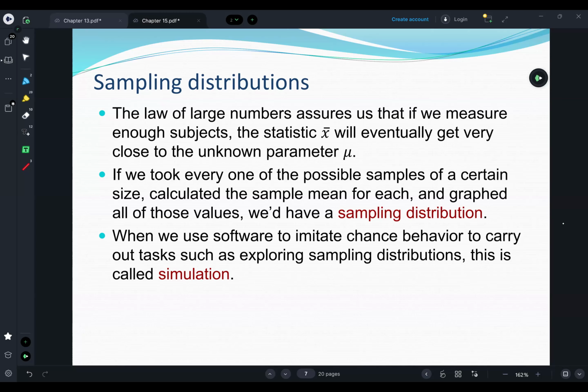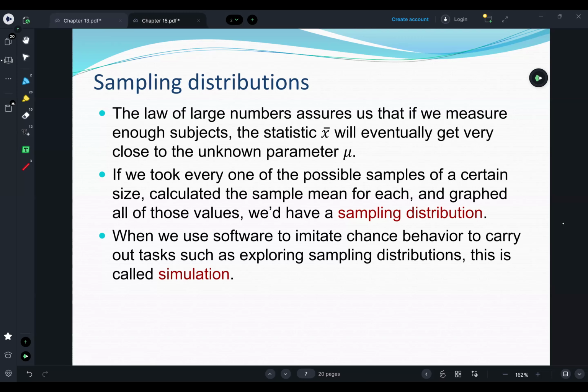So if I take all of your names in a hat and I pull out 5 and I calculate the average midterm grade, then put them back and take out another 5 randomly and calculate the average midterm grade, and keep doing this over and over and over, I'm going to have a whole collection of averages, and that collection of averages is the sampling distribution for grades.